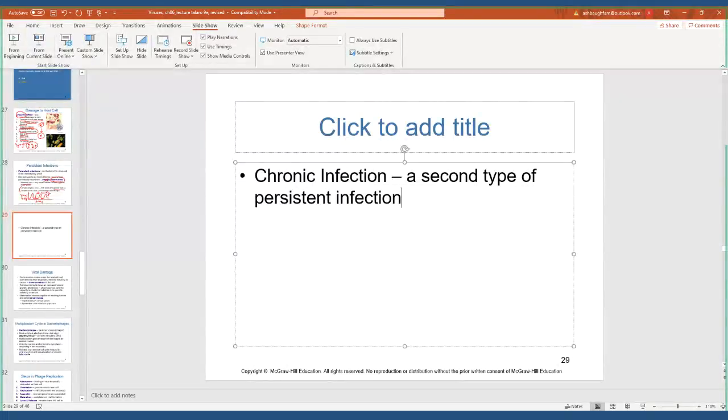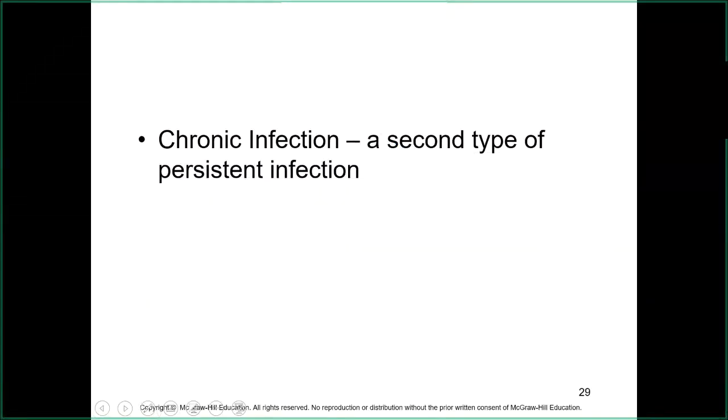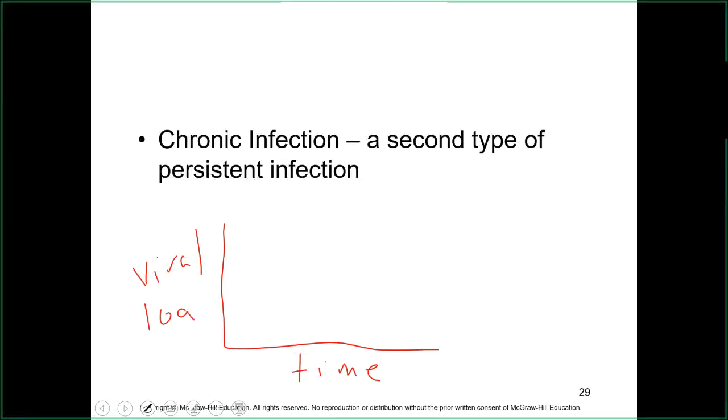And so this is where you'd have a graph that looks like this. Chronic, time on this axis. There's our viral load over here. Number of viral particles that you're carrying.